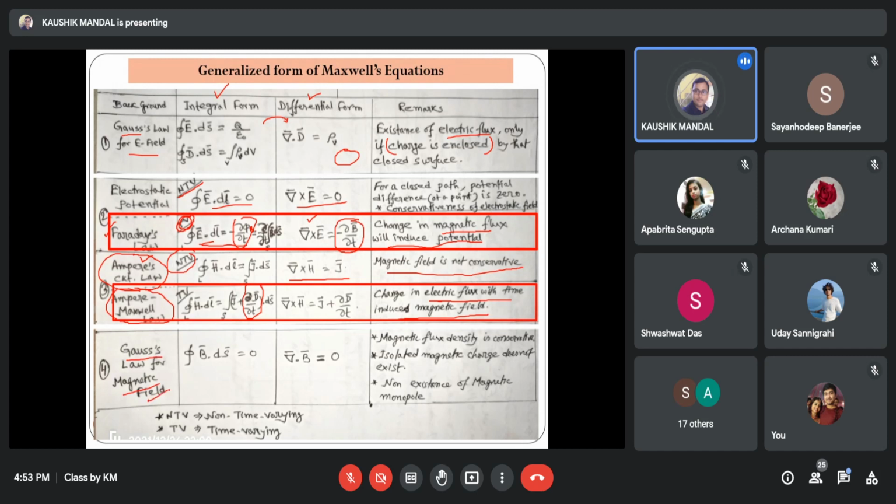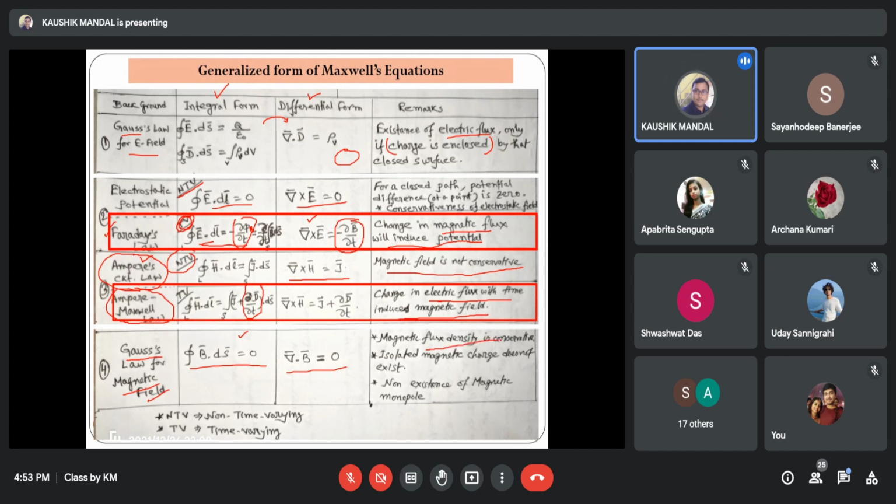The first law comes from the Gauss's law for electric field. The last law basically comes from the Gauss's law for magnetic field, and states that B dot ds equal to 0, that is the integral form. From the integral form, we can convert into the differential form, that is divergence of B equal to 0. So divergence of B equal to 0 means the magnetic flux density is conservative in nature.